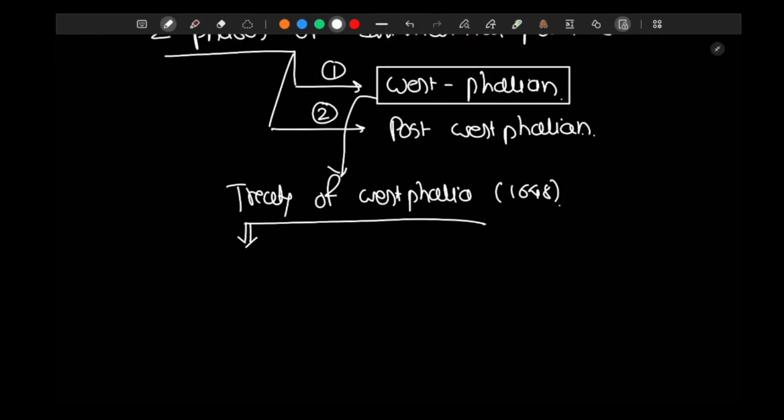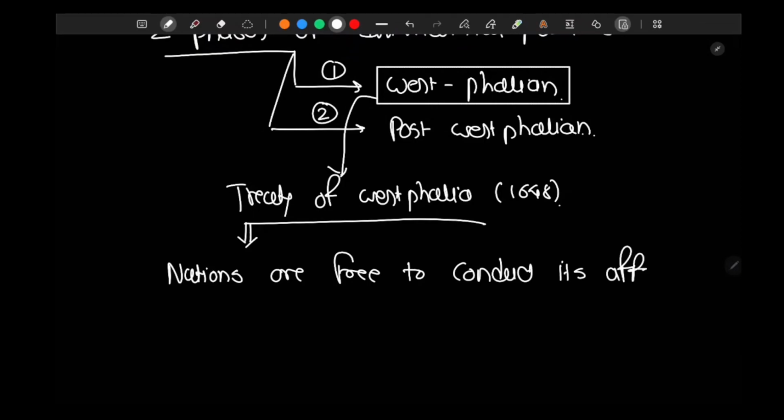It signifies that nations are free to conduct their affairs within and outside the country, right? This is all there is to explain with respect to the Treaty of Westphalia.